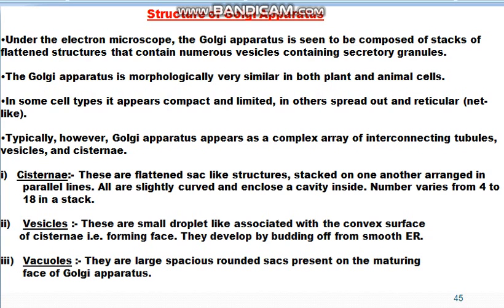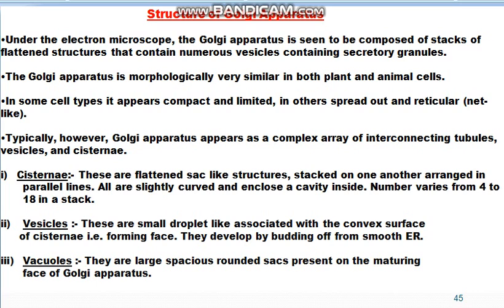Now we come to the structure of the Golgi apparatus. If we see it under the electron microscope, the Golgi apparatus is seen to be composed of stacks of flattened structures that contain numerous vesicles containing secretory granules.